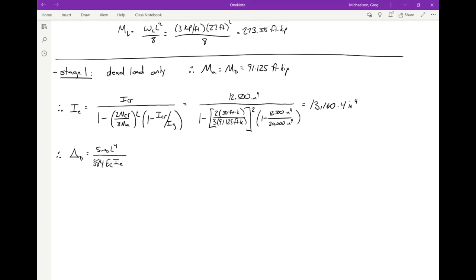IE is the moment of inertia we just computed. And then W is our dead load, since that's the load that we're considering. So 384. Let me move this over a bit. And then E, we got E was 3,500 KSI. This is 13160.4.